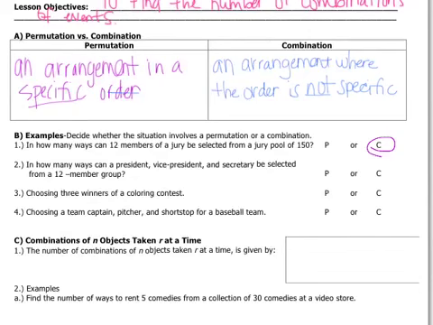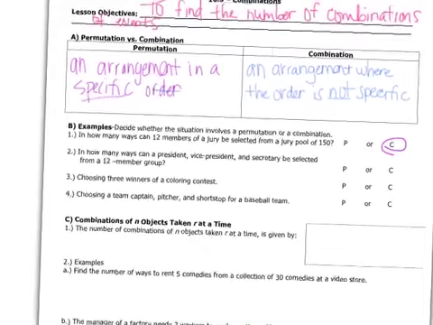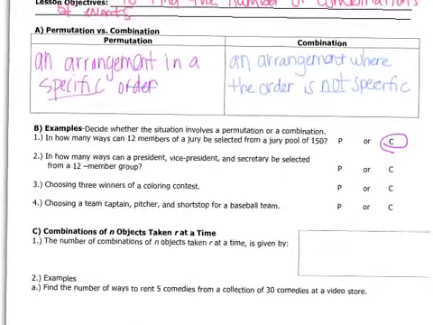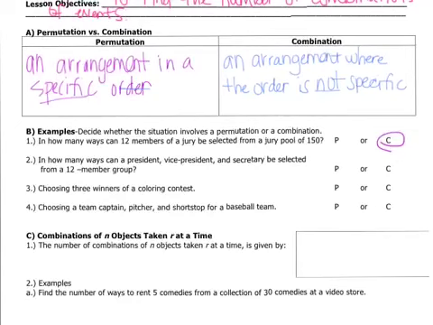It's all the same. Okay? That's a combination. What about number 2? In how many ways can a president, vice president, and secretary be selected from a 12-member group? Permutation. Permutation, exactly. It's definitely different being selected for the secretary versus being selected for the president. Okay, that matters. There's a difference.